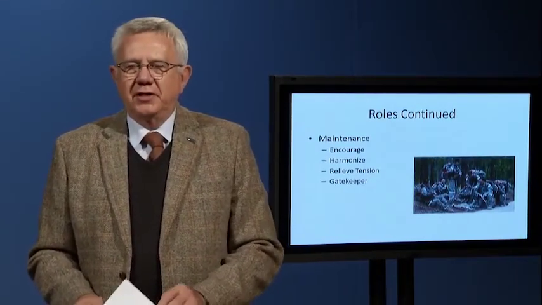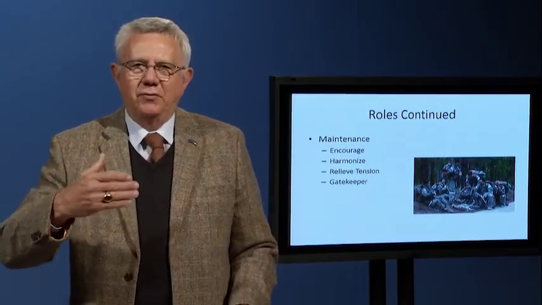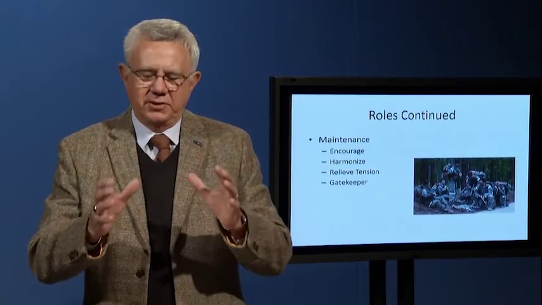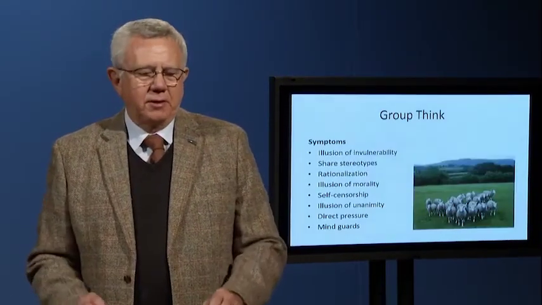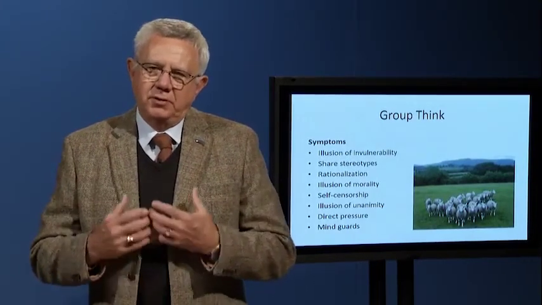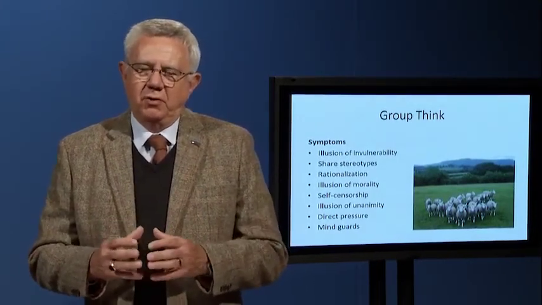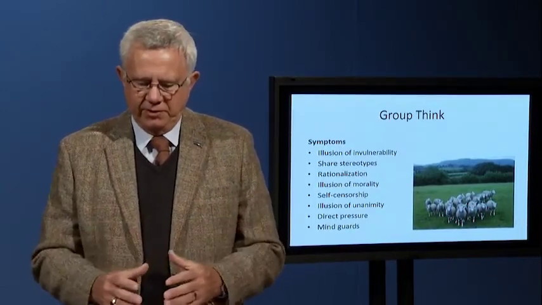And then somebody's a gatekeeper, and the gatekeeper's role is to regulate the flow of information into the group so that it stays manageable. We talked just a minute ago about this concept of groupthink. And in your management courses, in your HROB 101 course, you talked about groupthink, so you're probably very tuned into it.